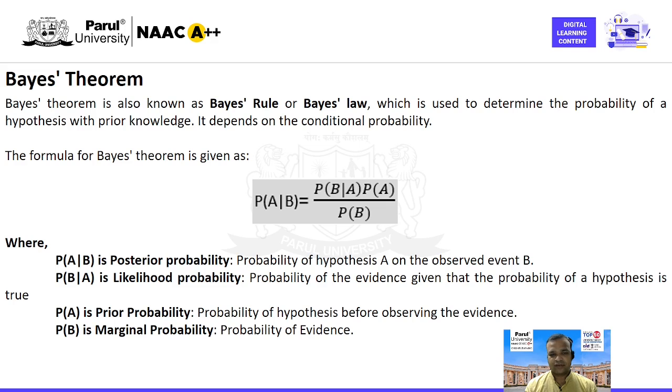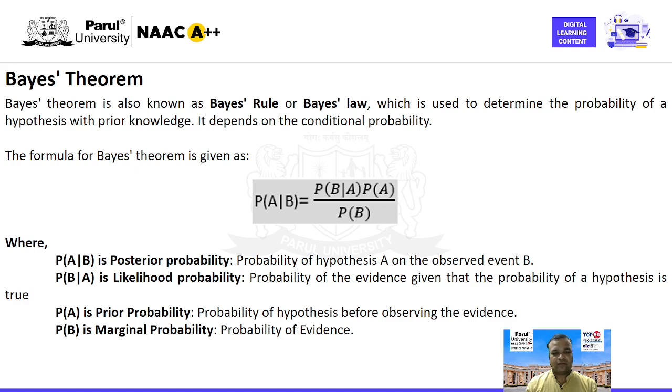The probability of hypothesis A on the observed event B is equal to the probability of B on the observed event A, multiplied by the probability of A, and divided by the probability of B. This is the formula of Bayes theorem, where P(A|B), the probability of hypothesis A on observed event B, is the posterior probability.